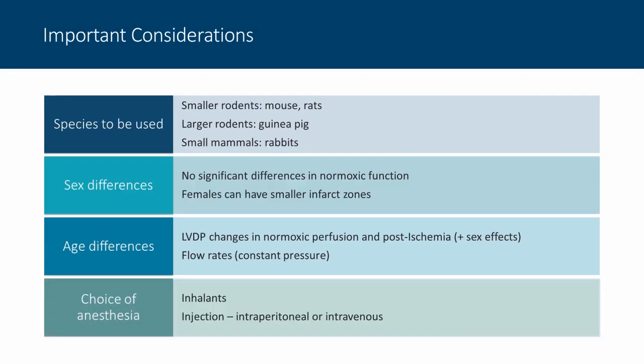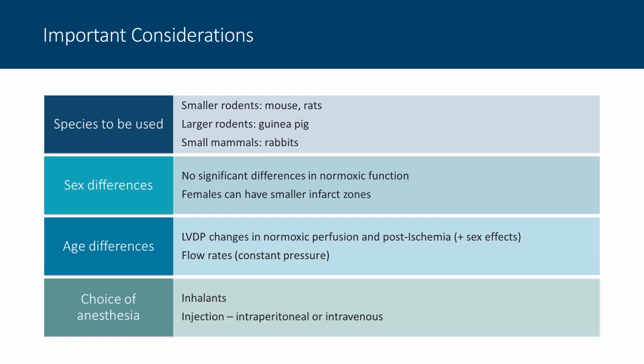So some important considerations, once again, when designing our experiments is what species we'd like to use. There's a lot of work that's been done in the smaller rodent models, mainly mouse and rats, and the main reason for this is the low cost of housing. But there are some challenges associated, mainly the size of the vasculature that we're going to try to cannulate in this system.